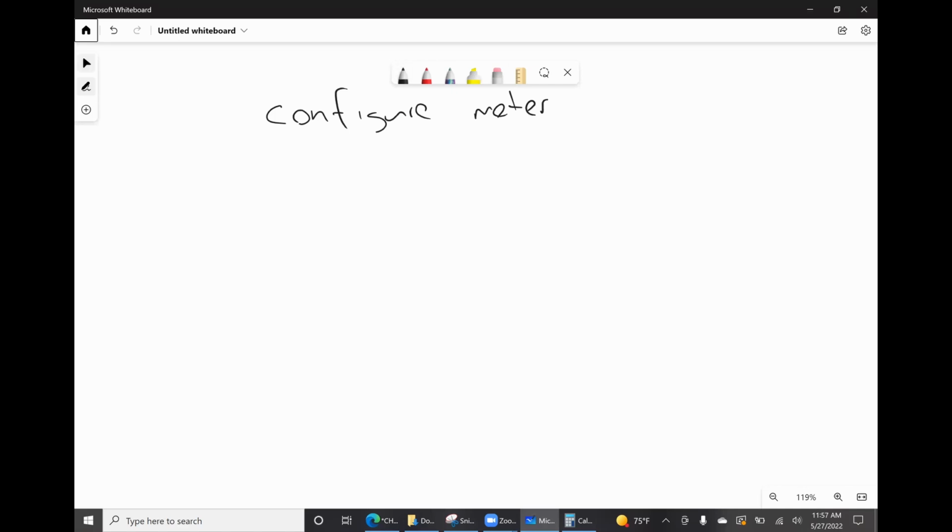To configure the meter, you need to change the setting. We need to make sure the setting is on whatever we are trying to measure, and then we need to see if you need to change the probe location. So there are different probe locations on the meter to measure the different things. And so what are we measuring?